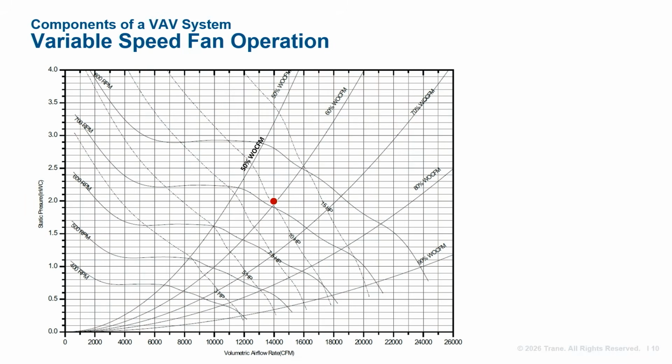Here's an example. This system has a design flow rate of 14,000 CFM at 2 inches of water. So we need a 10 horsepower motor operating at 710 RPM. At part load, the VAV boxes close and less airflow is needed. This allows the system to unload along a system modulation curve.